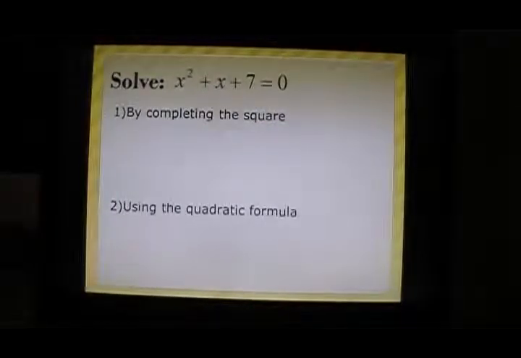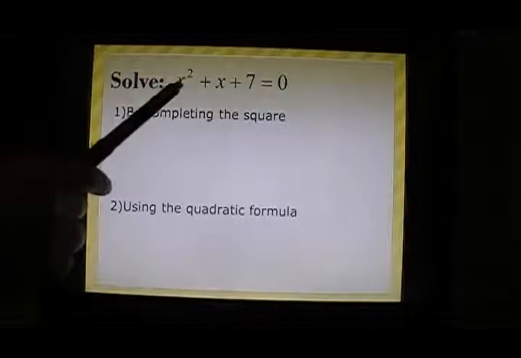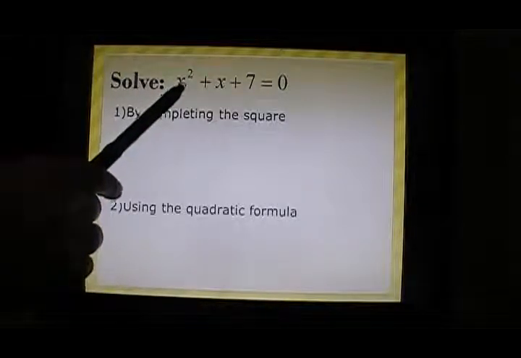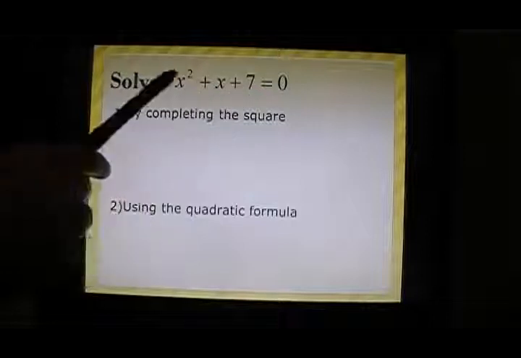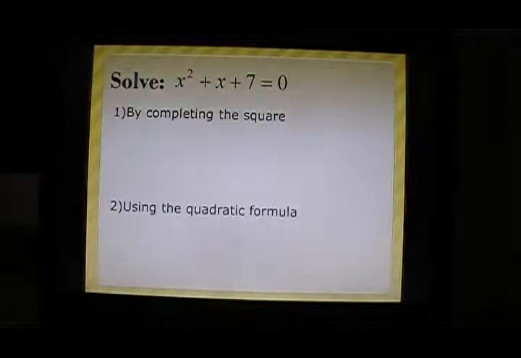So if I want you to solve this quadratic equation, x squared plus x plus 7, if you think about the four methods that we've learned, the first method was solve by factoring. x squared plus x plus 7, if you try it, you will see that that is not factorable.